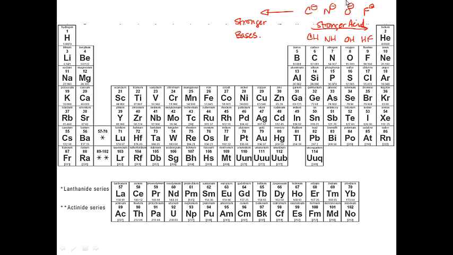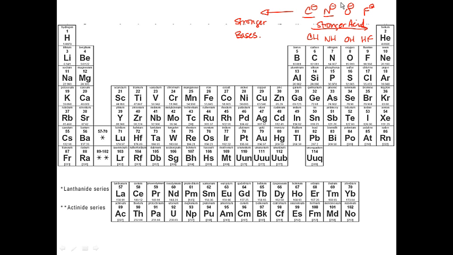We want to keep this in mind, because if I want to deprotonate an alcohol to make an alkoxide, I'm going to have to use a base that's stronger than O minus in order to get complete dissociation.